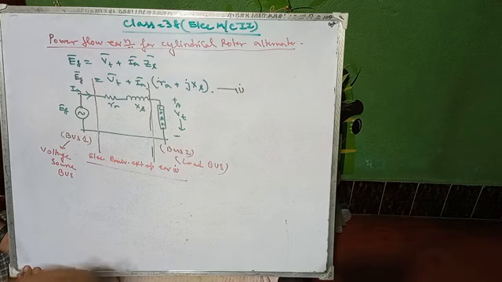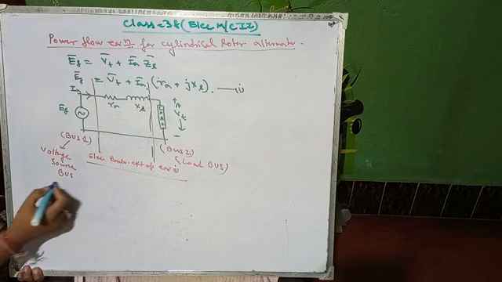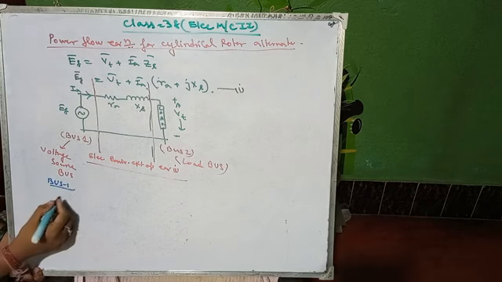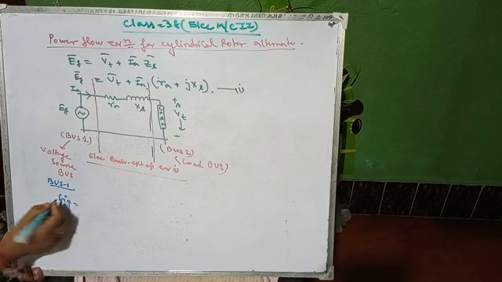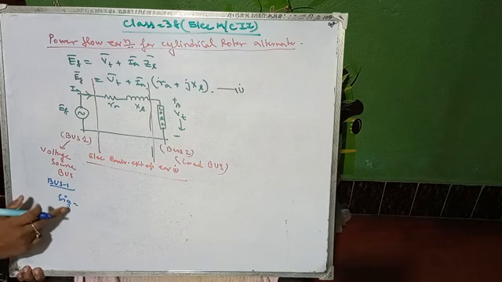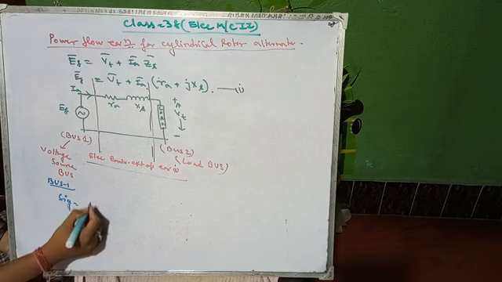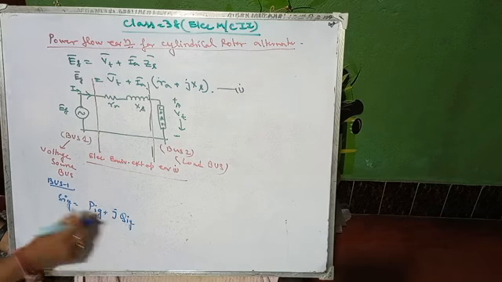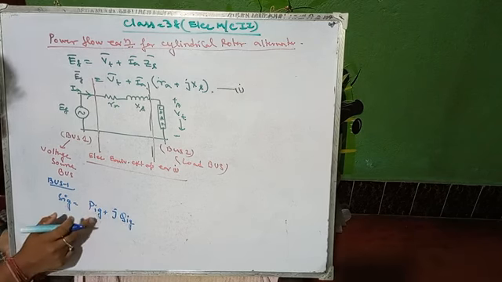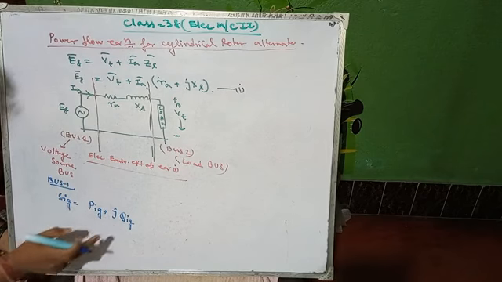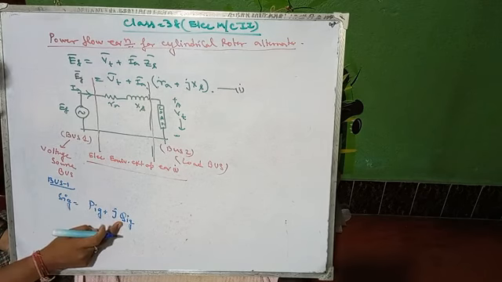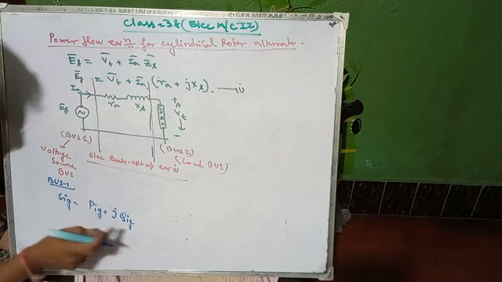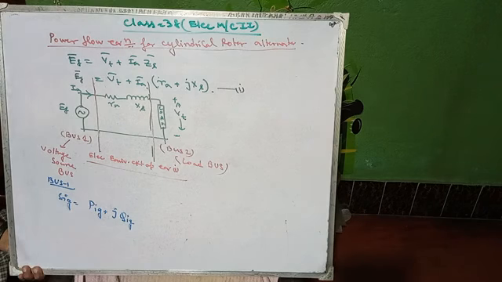Write down for bus 1: the power equals SIG, the complex input generating power, equal to PIG plus jQIG. PIG is the active part and QIG is the reactive part of the generating power.